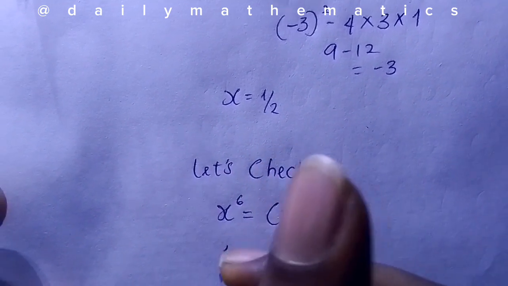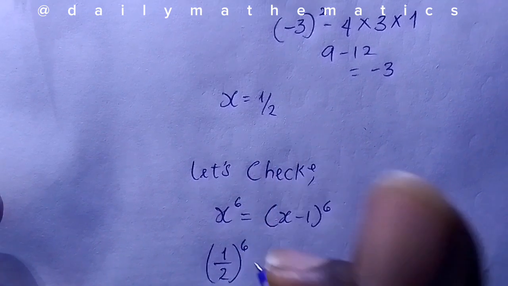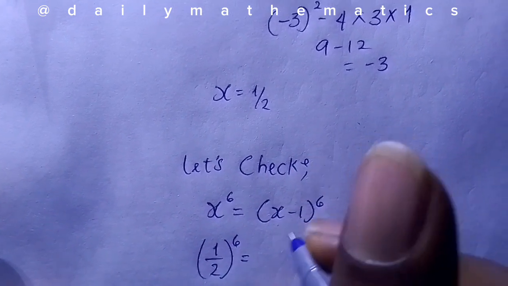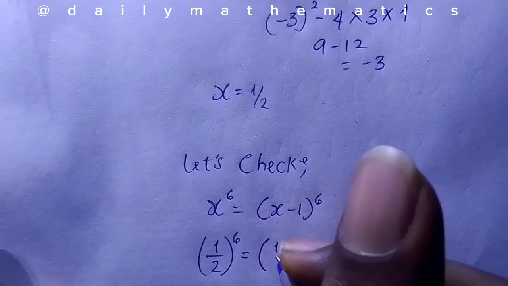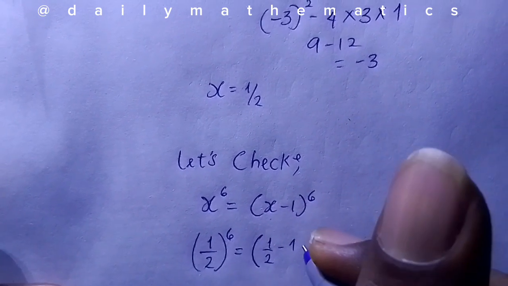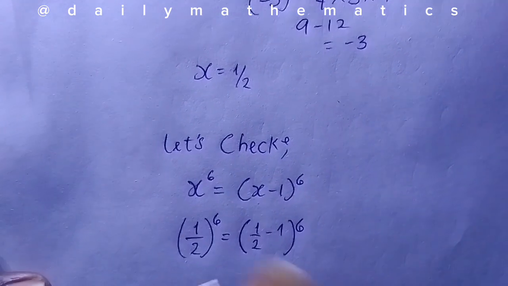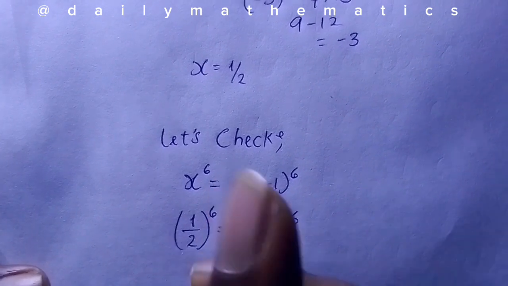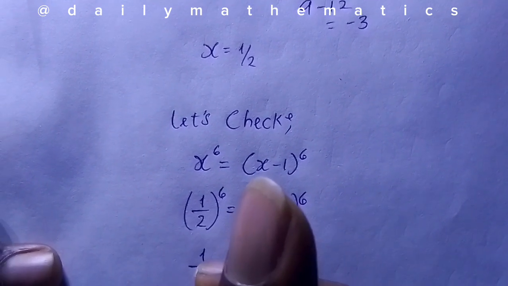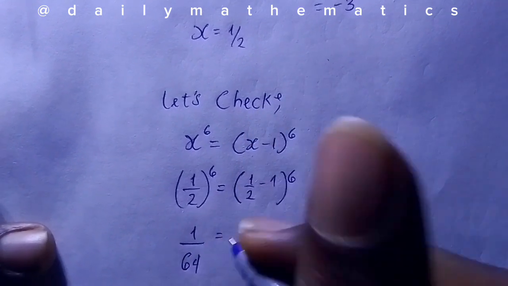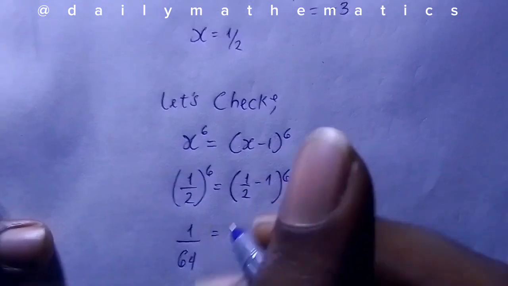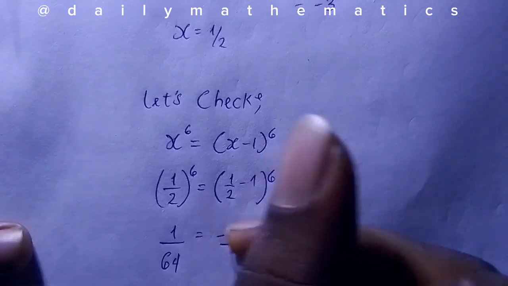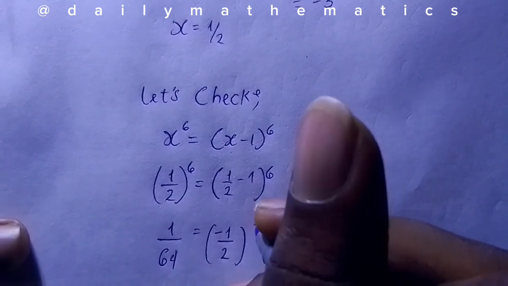So we say (1 over 2) raised to the power of 6 equals (x minus 1), that gives us (1 over 2 minus 1). 1 raised to the power of 6 is still 1. 2 raised to the power of 6 is 64, equals (1 over 2 minus 1), which gives us (minus 1 over 2) raised to the power of 6.